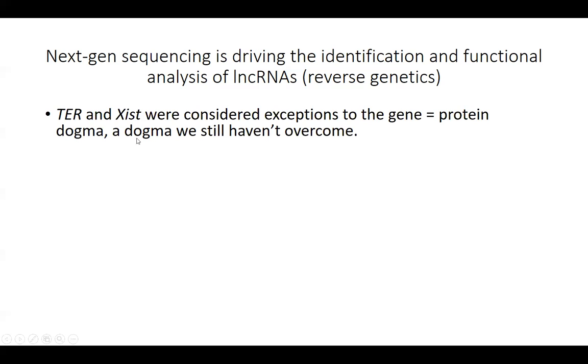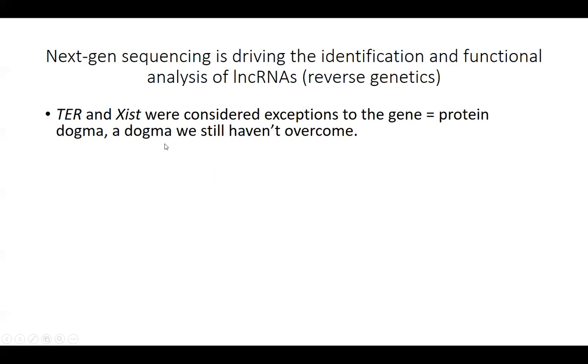So our TER and our Xist RNA were considered exceptions to the central dogma, the gene equals protein hypothesis, you know, the one that goes all the way back to Beadle and Tatum. We're finding these RNAs that aren't coding for anything, so they're outside that central dogma of a gene makes an RNA, makes a protein.